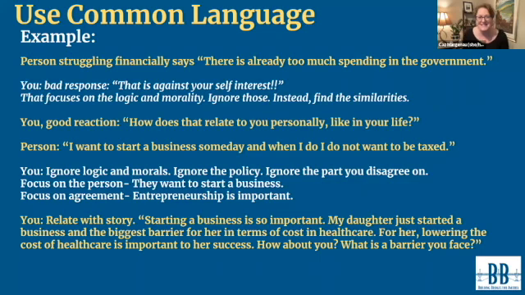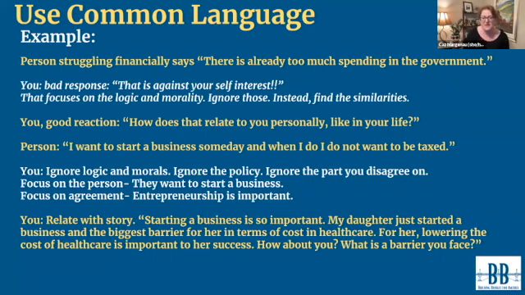You're not talking policy, right? You want to ignore any logic that might be in there. It's like, well, how are you going to start a business if your city isn't giving you tax breaks and stuff, right? Ignore all that. Ignore your logic, ignore your morals, ignore the policy. Ignore, let's say, what they're saying about not wanting to be taxed. You completely disagree with it.